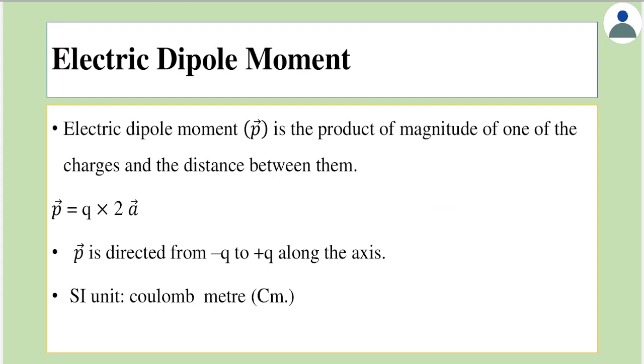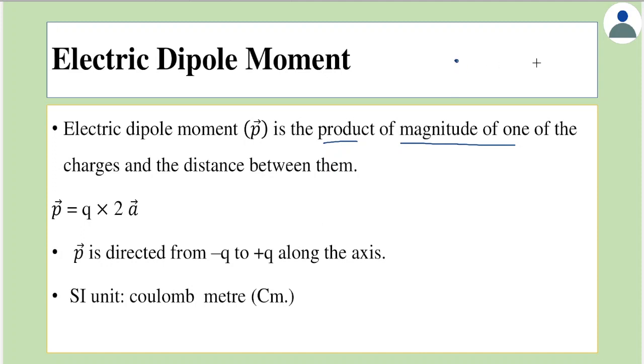Now we define a term called electric dipole moment. Keep in mind that you all might have learned in first year that moment means something with distance. It is not momentum, it is moment. So moment deals with distance. Here this dipole moment is defined as the product of the magnitude of any one of the charges and the distance between them.